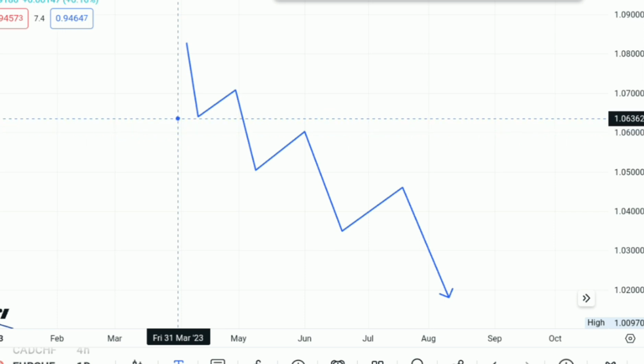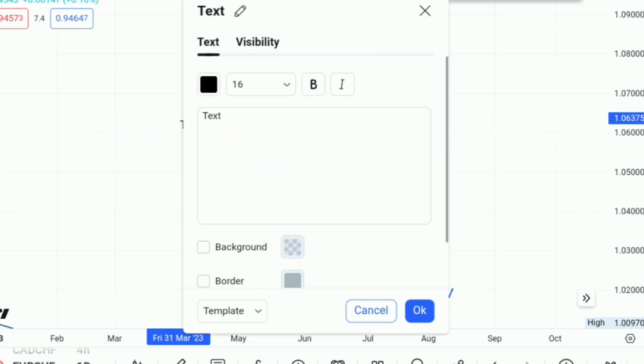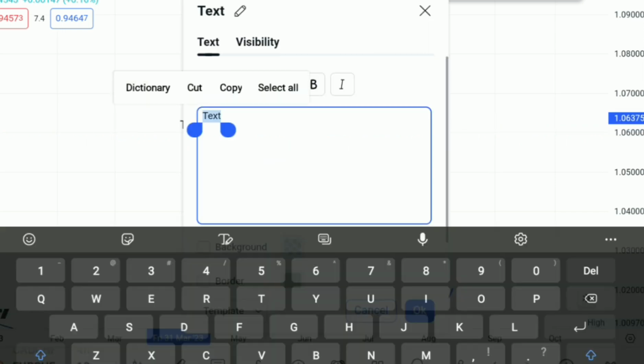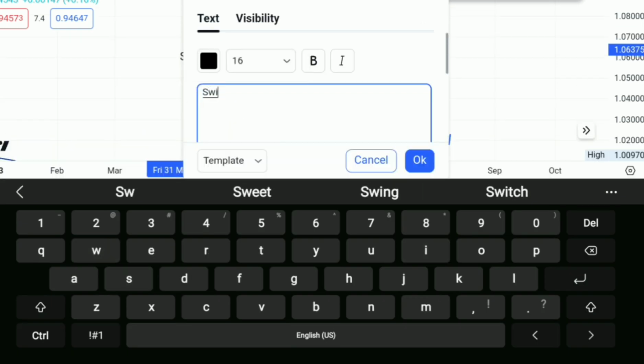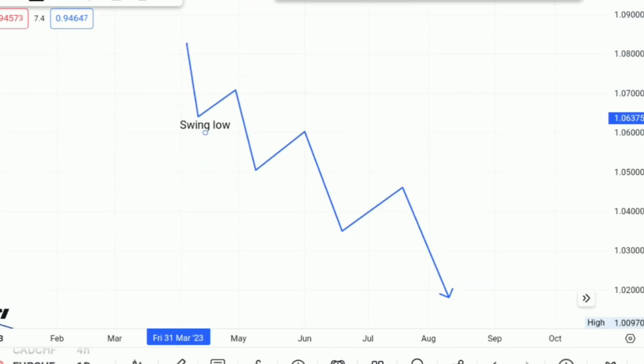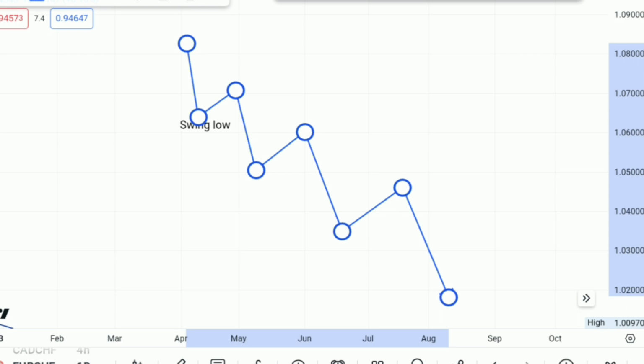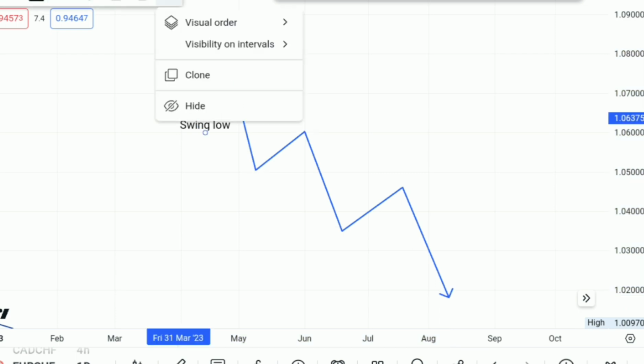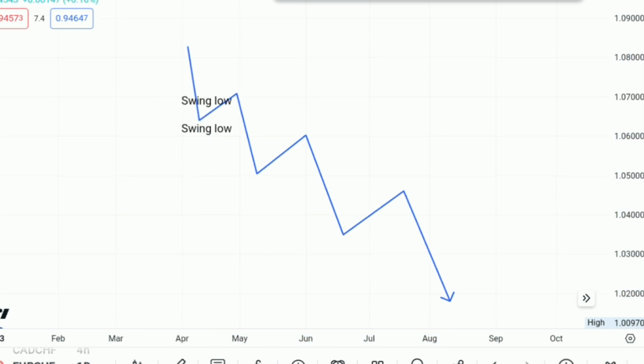Swing low, swing low, swing low, swing low, swing low. This is our swing low, and also this one is our swing low.